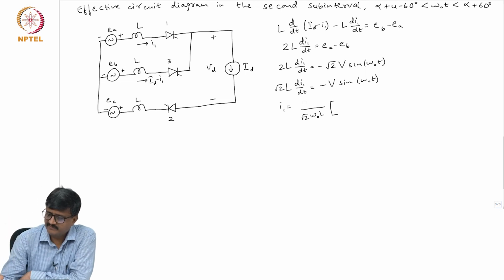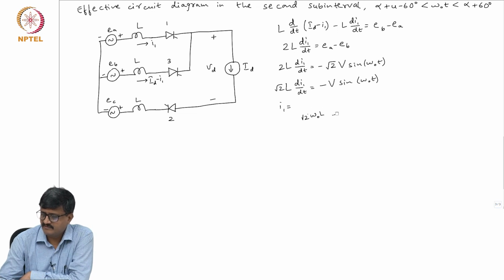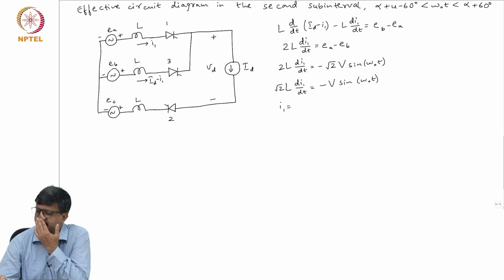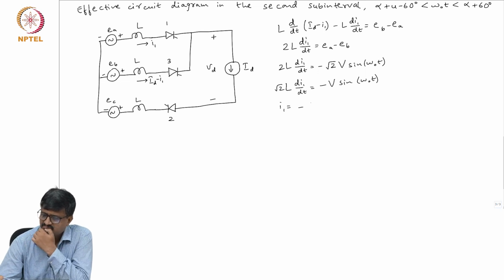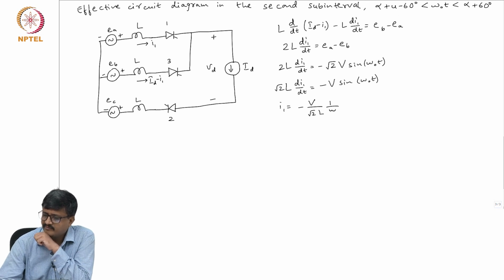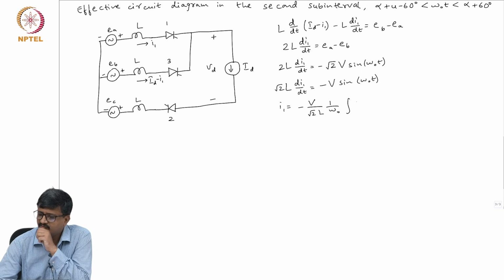Let me write some more steps: minus V by root 2 L, 1 by omega, integral of sin omega t d omega t.